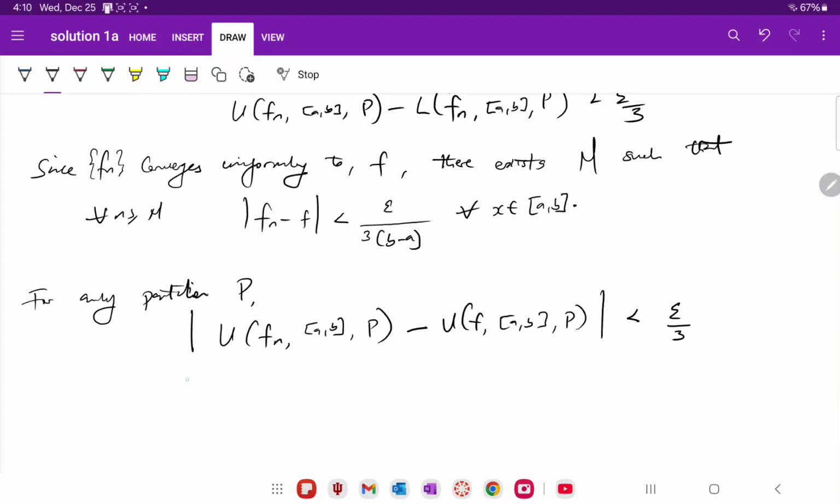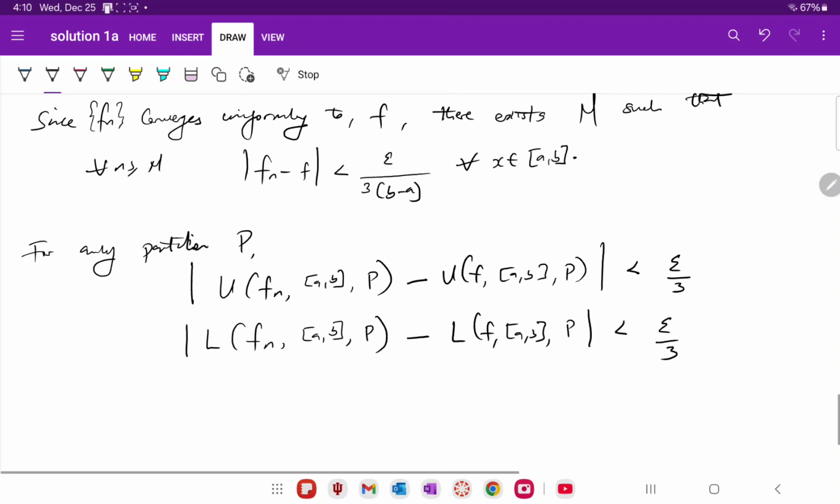And the same thing for the lower Riemann sum, the difference between these two will also be less than epsilon over 3.